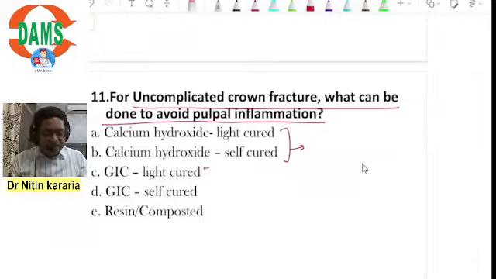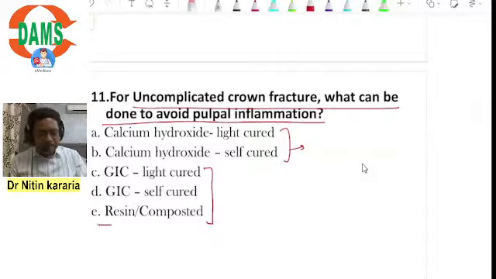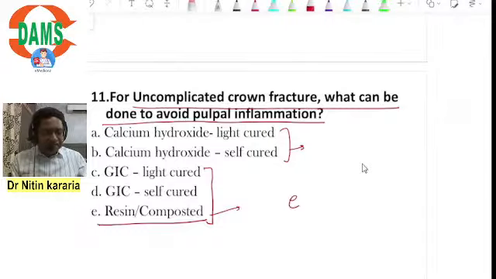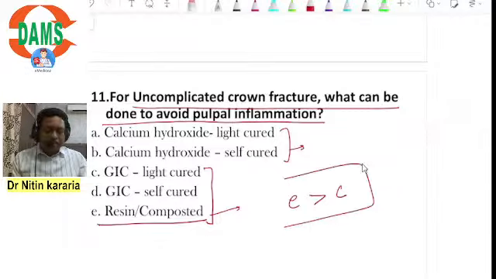Options left are GIC, self and light cured, resin and composite. Now in this version, resin and composite is there. So definitely E is a better answer as compared to C. A bonding resin followed by composite restoration is a more durable and better treatment for an uncomplicated crown fracture to prevent pulpal inflammation due to fluid movement through the dentinal tubules.